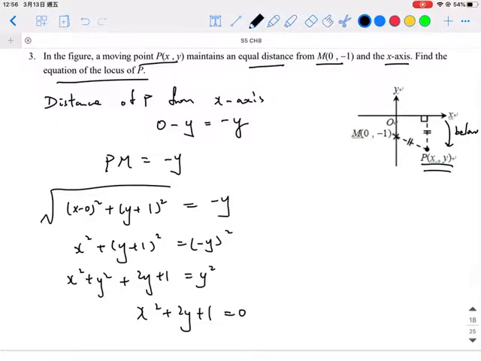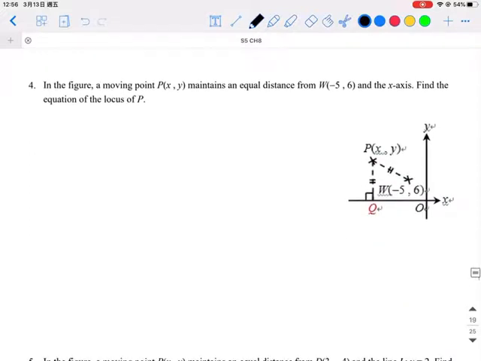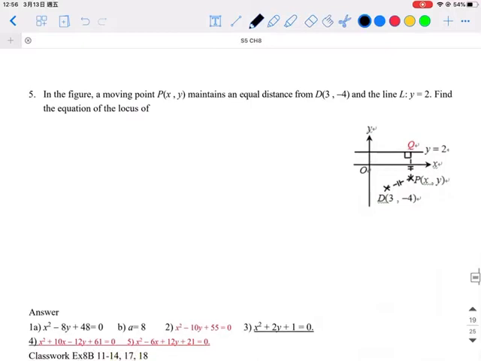And the last 2 questions. Question number 4 is similar to before, similar to 1, so I won't do it with you, and I will try to do question number 5. Now the point P is also at equal distance from a point and a line. But now the point P is below the line y equal to 2, so I need to write down the distance carefully.